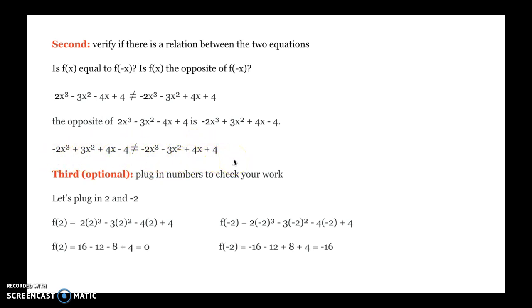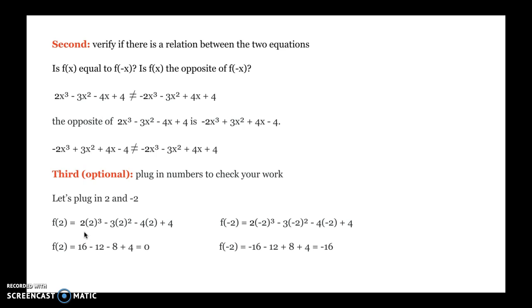Let's check it one more time by plugging in numbers in our third step. We'll plug in 2 and negative 2. When we plug in 2, it will give us 2 times 2 to the power of 3 minus 3 times 2 squared minus 4 times 2 plus 4, to give us 16 minus 12 minus 8 plus 4, which is 0.